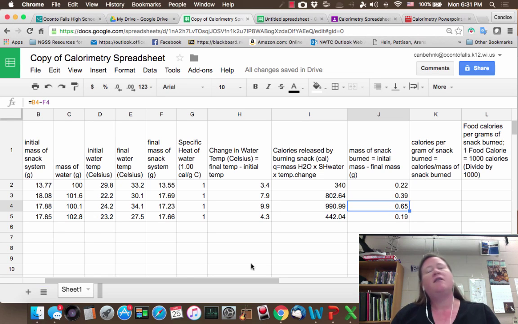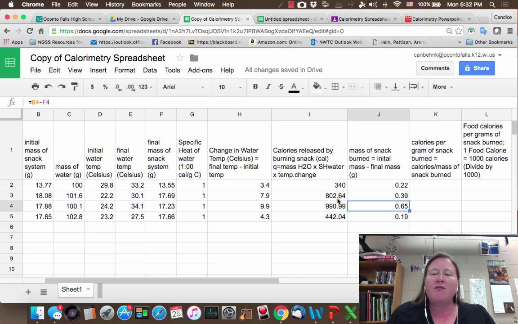A couple more calculations that we need to make. We want to figure out how many calories per gram of snack burned actually existed. So these are all the same snack, and it's not very effective to say, okay, this time the cashew had 340 calories, but this time, if it was a cashew, this time it had 802.